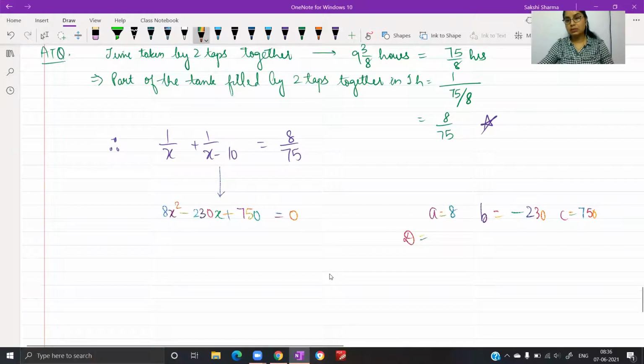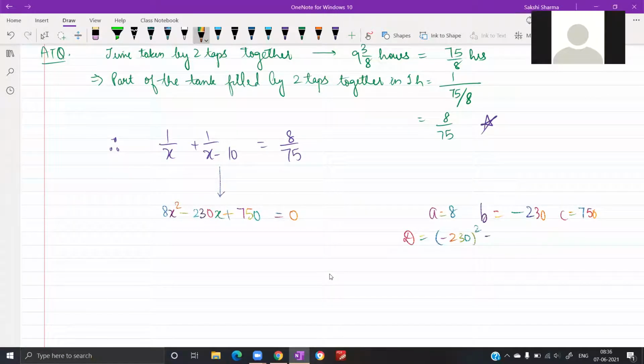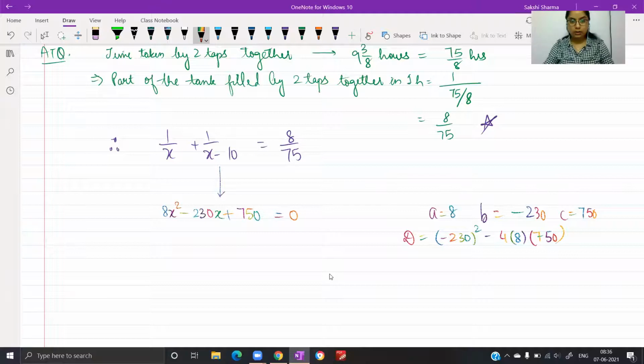Let's find out the discriminant. You could take a factor common, I guess. These are multiples of 2. That will make your work easier. So rather than working with this equation, you can work with this one.